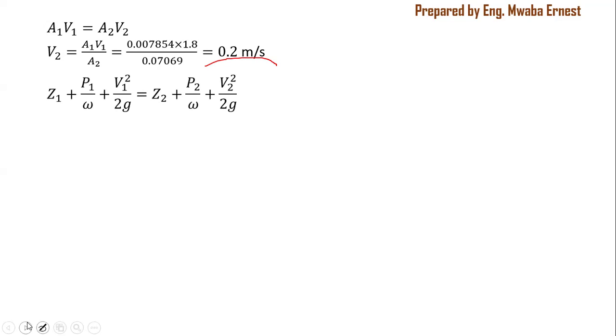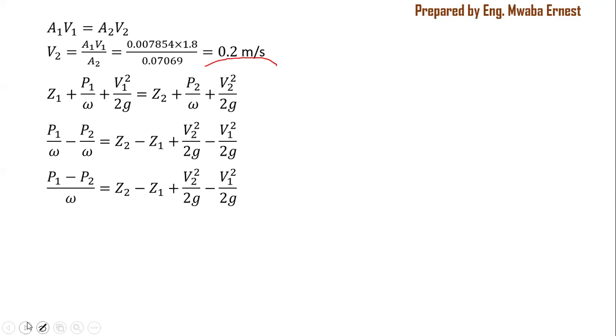Next, we invoke Bernoulli's equation so that we can find the missing pressure. So Z1 plus P1 over omega plus V1 squared over 2g is equal to Z2 plus P2 over omega plus V2 squared over 2g. Now, here we gather P1 minus P2 over omega, which is equal to everything else going to the other side: Z2 minus Z1 plus V2 squared over 2g minus V1 squared over 2g.